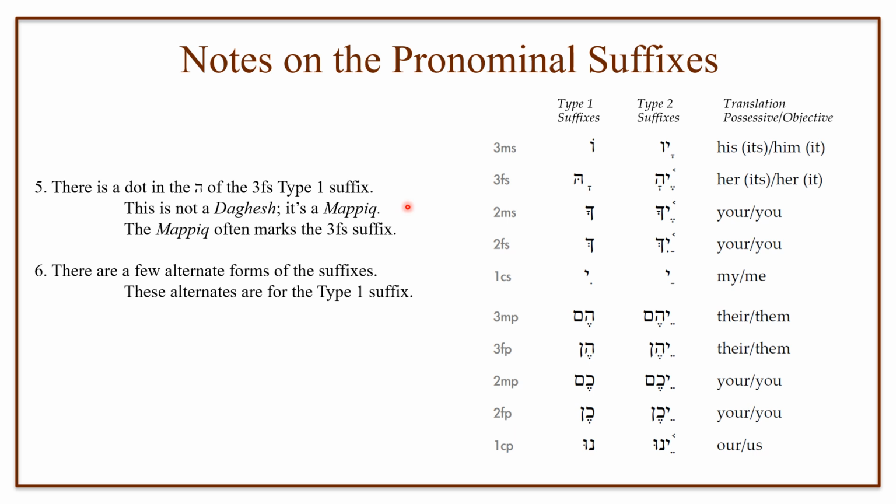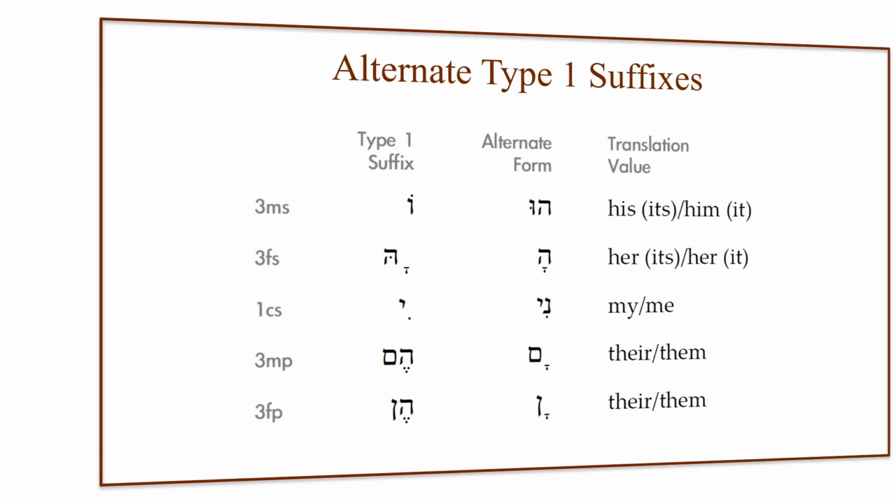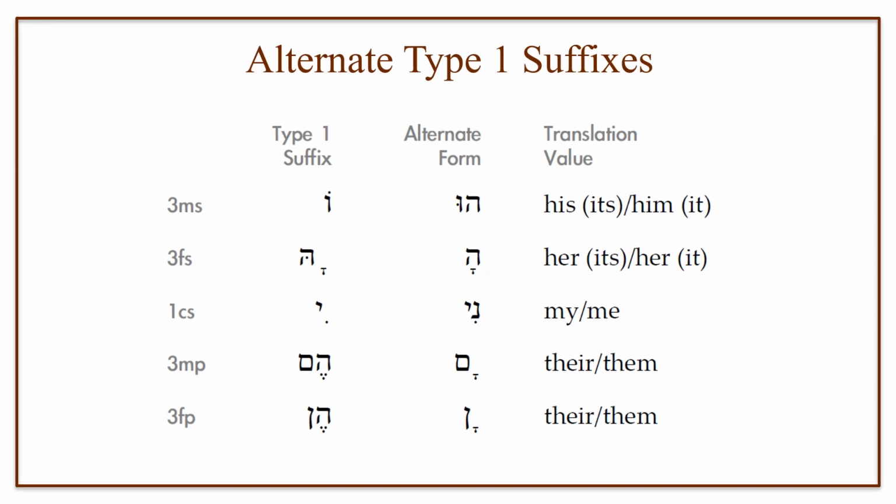Now there are a few alternate forms for these type 1 suffixes. So let's look at those alternate forms. Here are those alternate forms. And so these are the type 1 suffixes that have the alternate forms, and here are the alternate forms. Some similarities, still got a vav there. It's actually a shureq now.